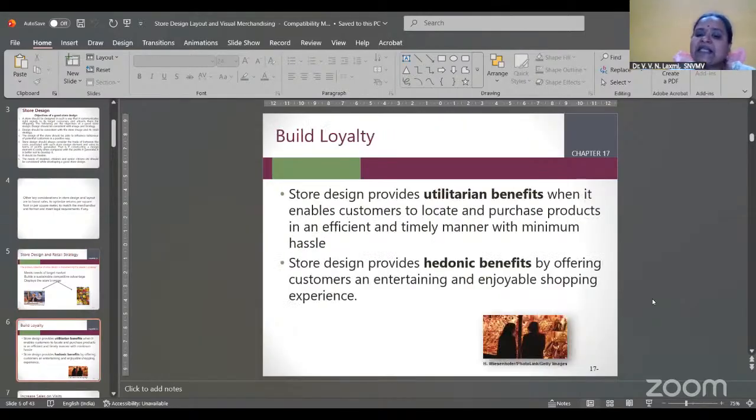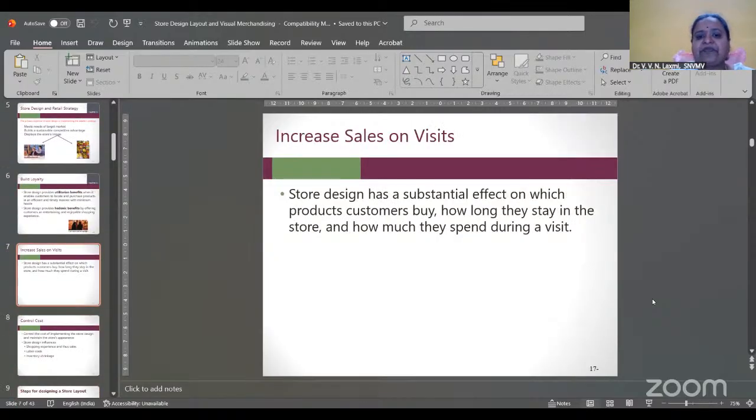Now, store design provides two different types of benefits. One is the utilitarian benefits, that is, how the store design enables the customers to enter the store, venture out into it, enjoy the concept of shopping in that store and purchase, and other hedonic benefits.